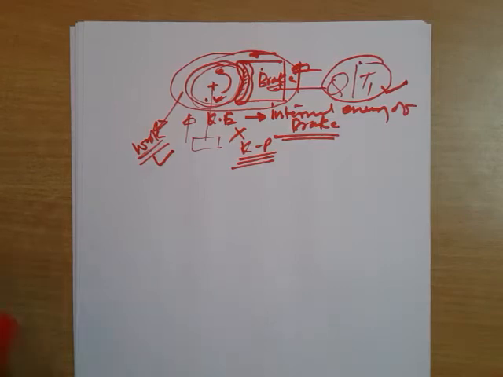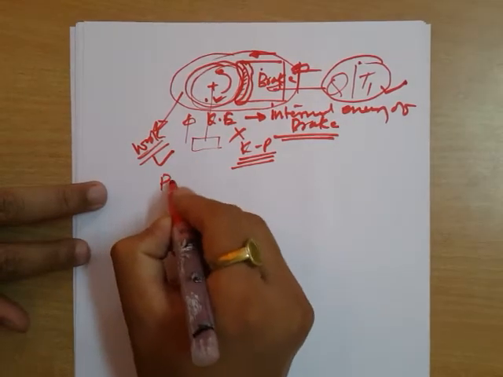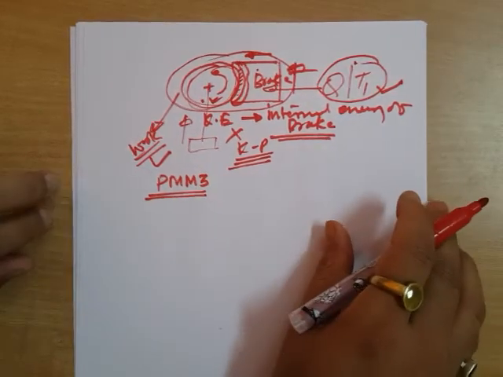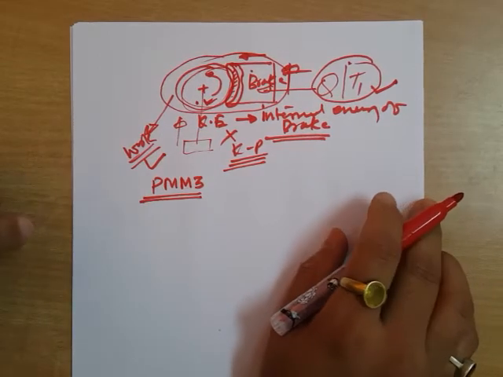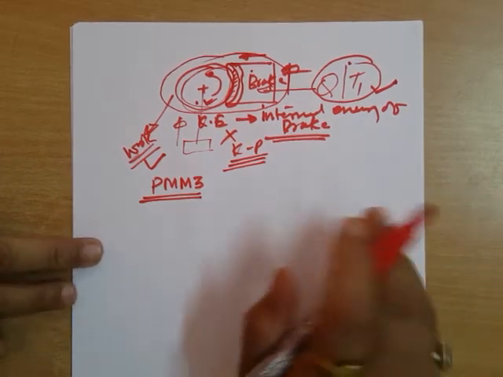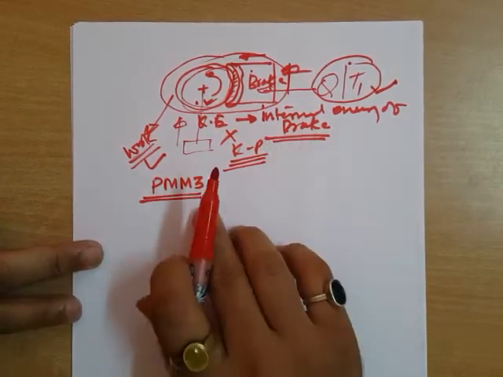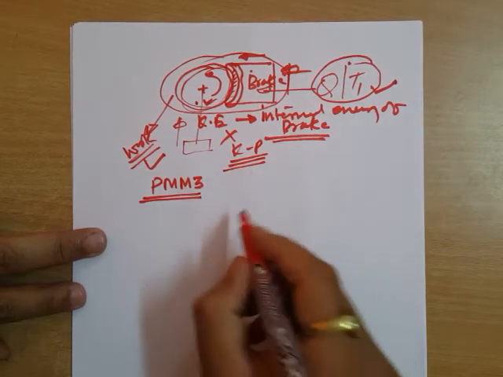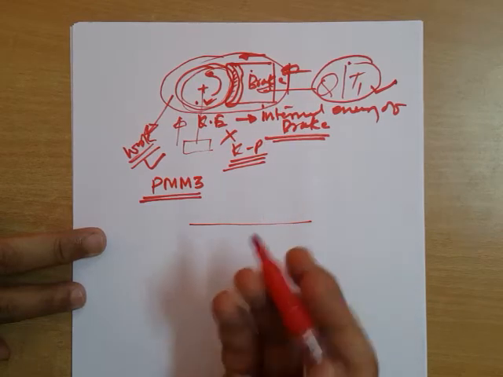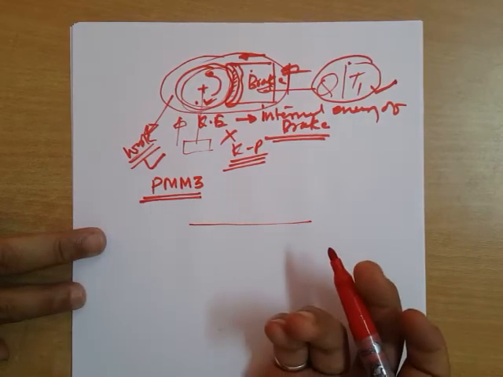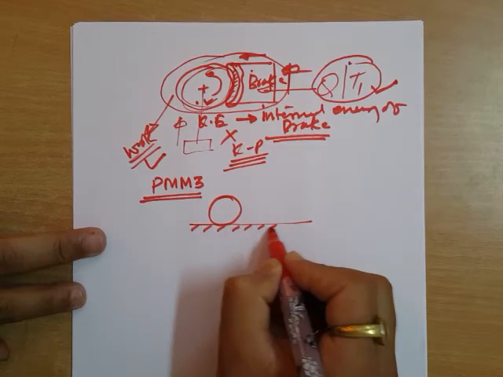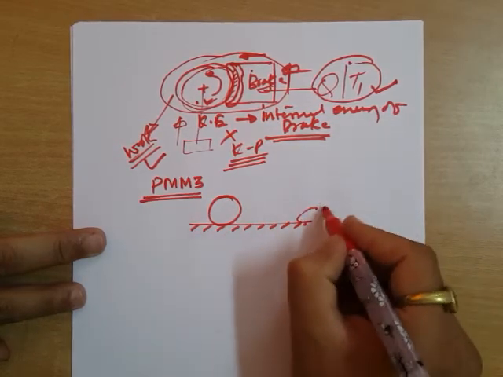So here we define a perpetual motion machine of third kind. You must have read about perpetual motion machine of first kind, second kind. And second kind is the violation of Kelvin Planck statement. What is a perpetual motion machine of third kind basically? It is a machine which is working. Let us say that we have a frictionless surface.